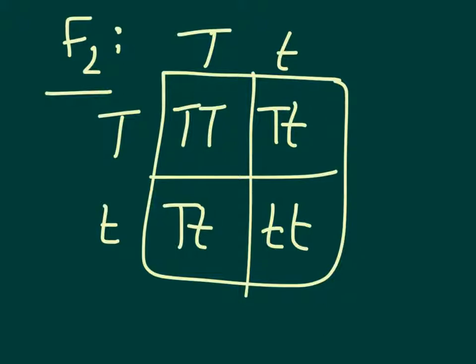So we know my genotype ratio, 1/4 homozygous dominant, 2/4, also known as 1/2 heterozygous, and 1/4 homozygous recessive. That's my genotype ratio. I'm sorry, my phenotype ratio. 75% tall.